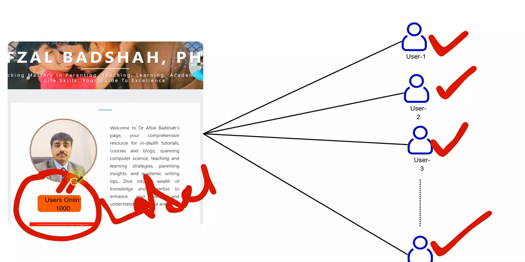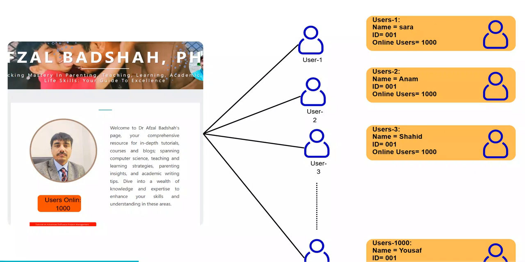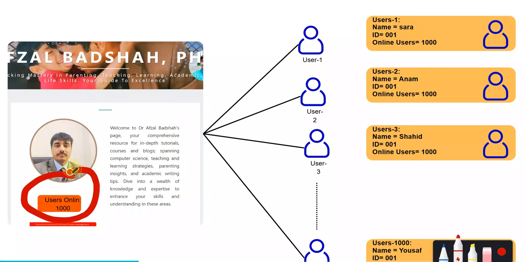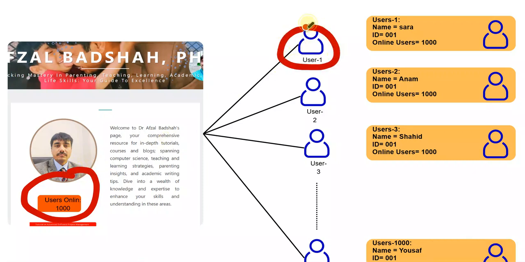So it means that this is a value which is a part of the object, which the object is able to see. But the value is the same for everyone, because in that case we are showing the total visitors. You can see over here that we created objects for the users, for the visitors, and in visitor 1 you can see that the total user count is 1000, because a total of 1000 users are connected to the website.